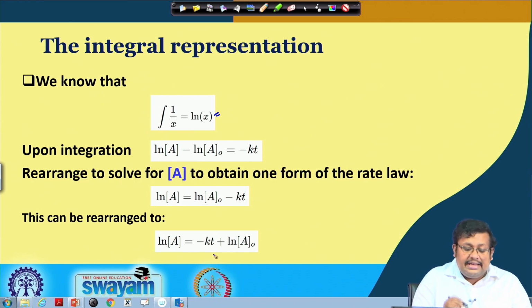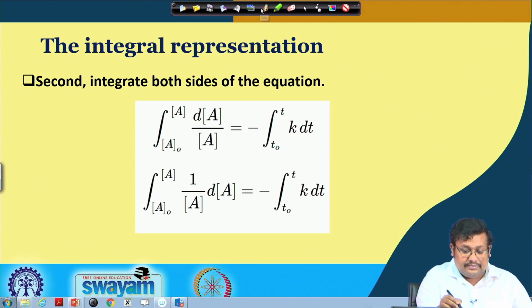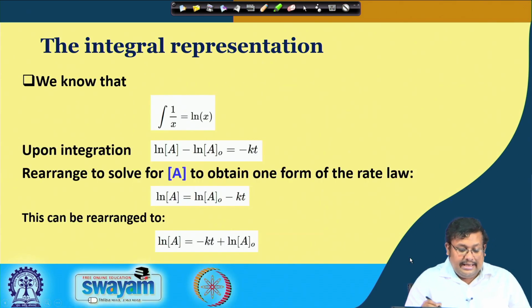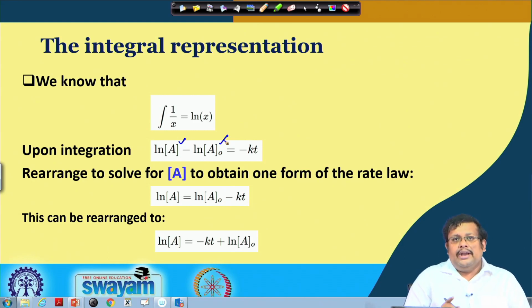So, if we consider the previous integration equation from our last slide and convert it to logarithmic form, we get log of concentration A minus log of concentration A0, that is, at time 0, the initial point from where the reaction starts, equal to minus kt, because we are integrating from time 0 to time t.